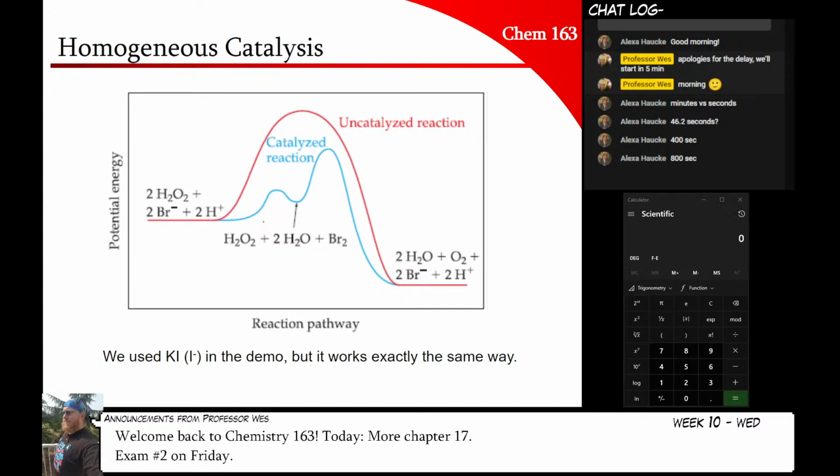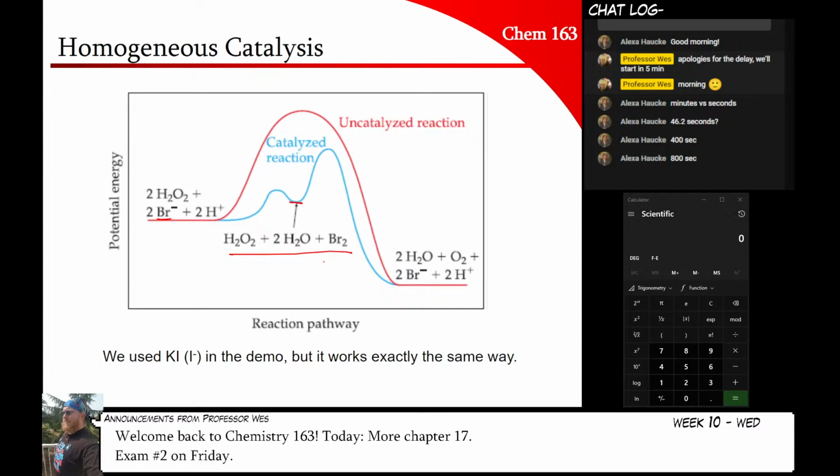But what's going on here is that instead of using iodide, we're using bromide here. The reaction is basically the same thing. In the presence of bromide, peroxide will react with it, and I will get an interesting intermediate that is unique to this reaction.